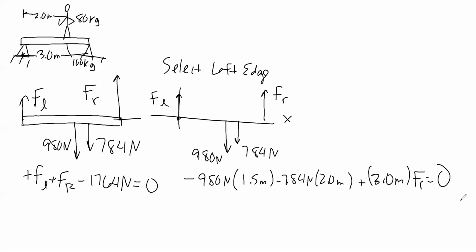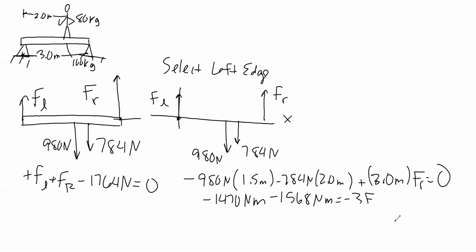If you would have chosen, say, the right edge, all these coordinates would have been different, but you still would have gotten the answer for the left force. So 980 times 1.5 is minus 1470 newton meters. Remember, the units are still newton meters. 784 times 2 is 1568 newton meters, that equals minus 3FR.